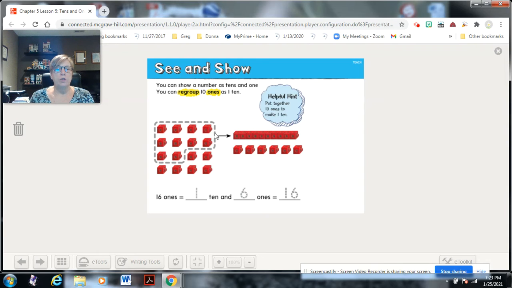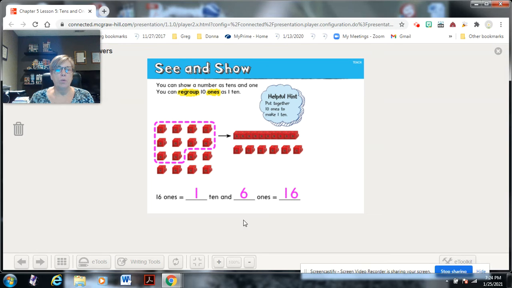But when you clip them together into a group, it becomes 1 10. Helpful hint, put together 10 ones to make 1 10. Yes, I know there's 10 here, and there's one group of 10 here, but this is singles. 10 ones, because they're apart, but when you put them together, it's 1 10.